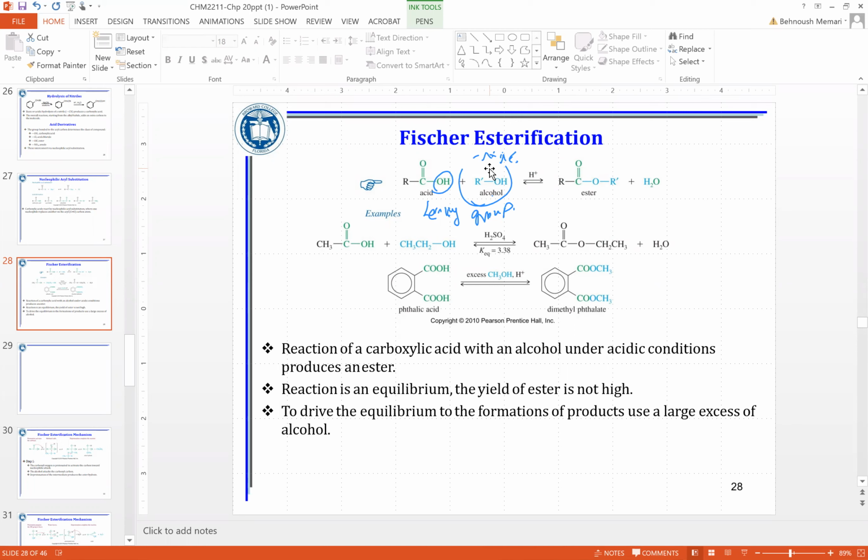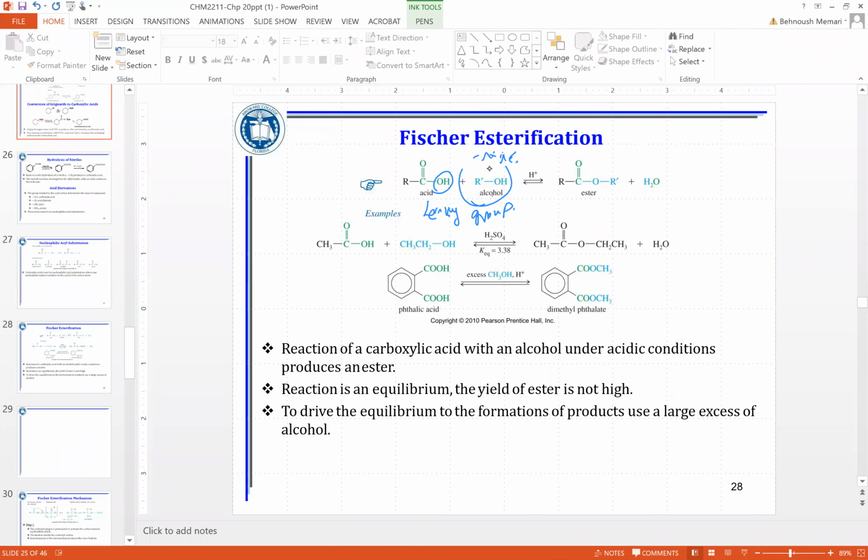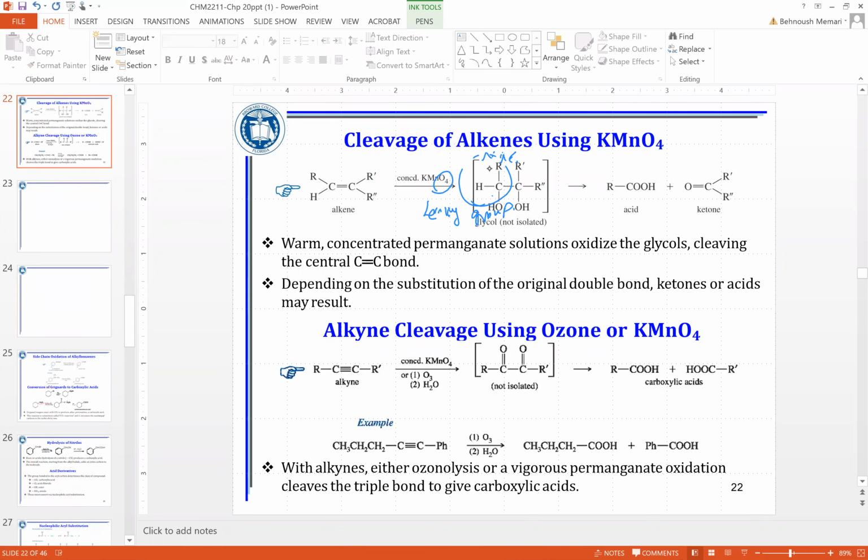Nucleophile looks for nucleus or positive charge. So if it's already stable and neutral, a neutral nucleophile cannot be a very strong nucleophile. So alcohol is a weak nucleophile. What about OH? Is OH a good leaving group or a bad leaving group?